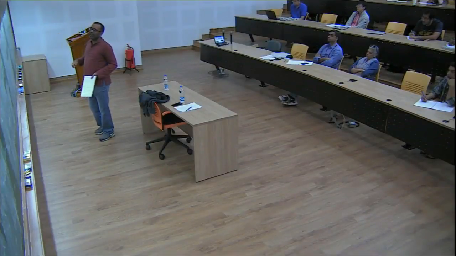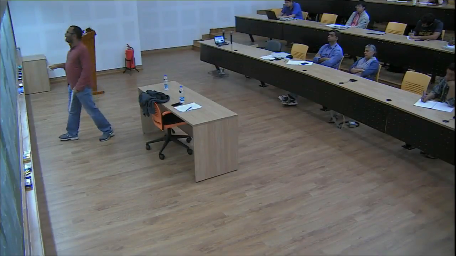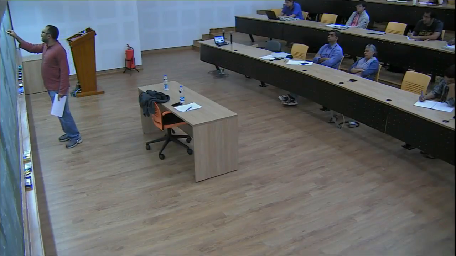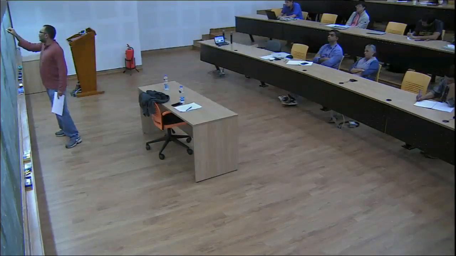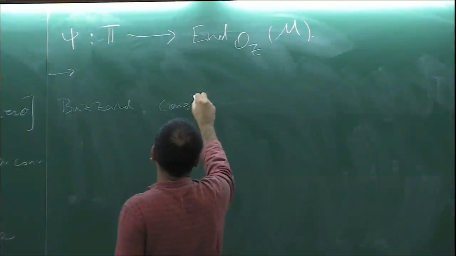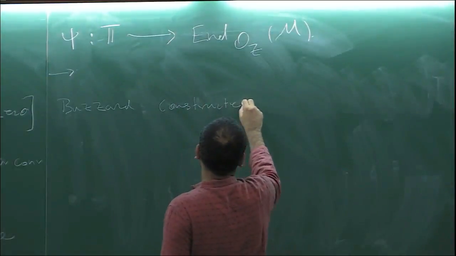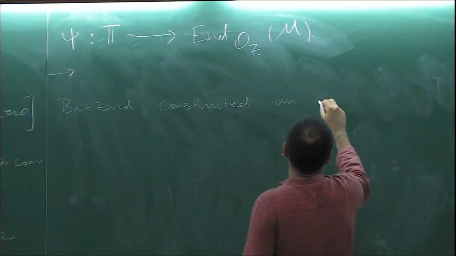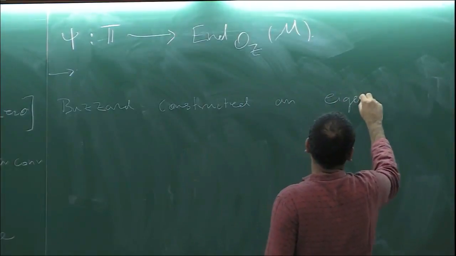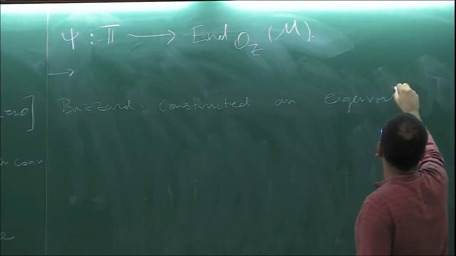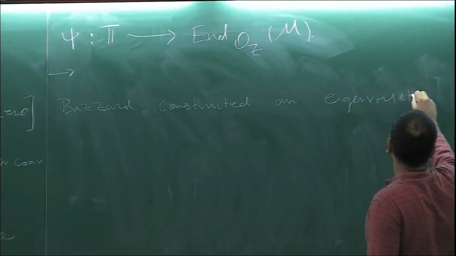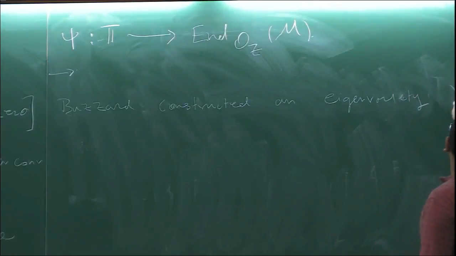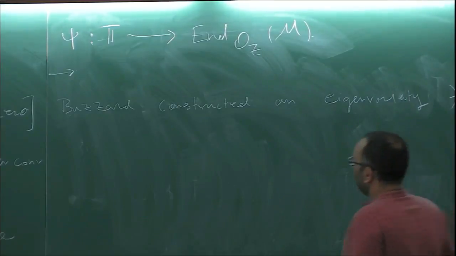So given these ingredients, purely abstractly, Buzzard constructed an eigenvariety, usually called X of D, associated to this data.